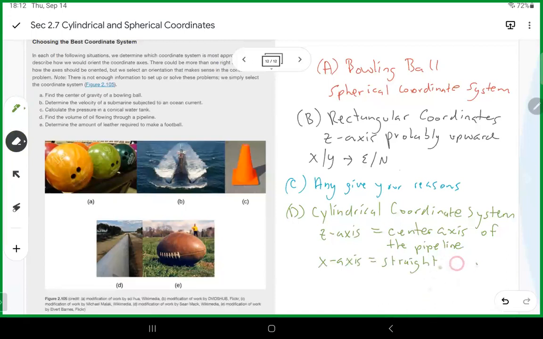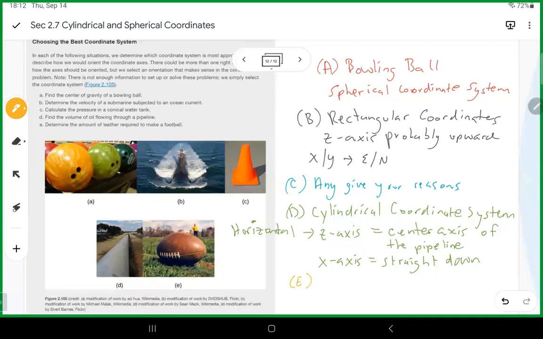Because of that, this could be horizontal. So just know in the back of your minds that that's okay because it goes with the situation.